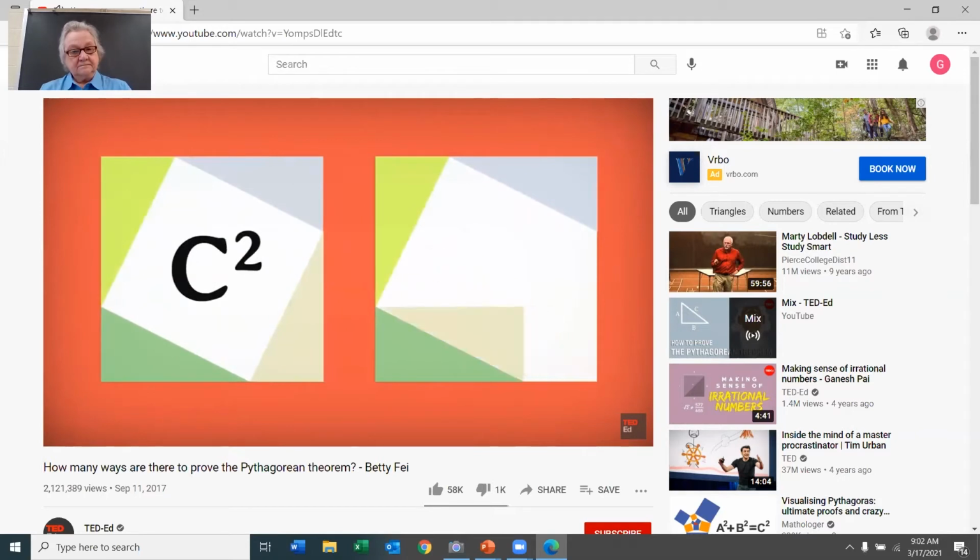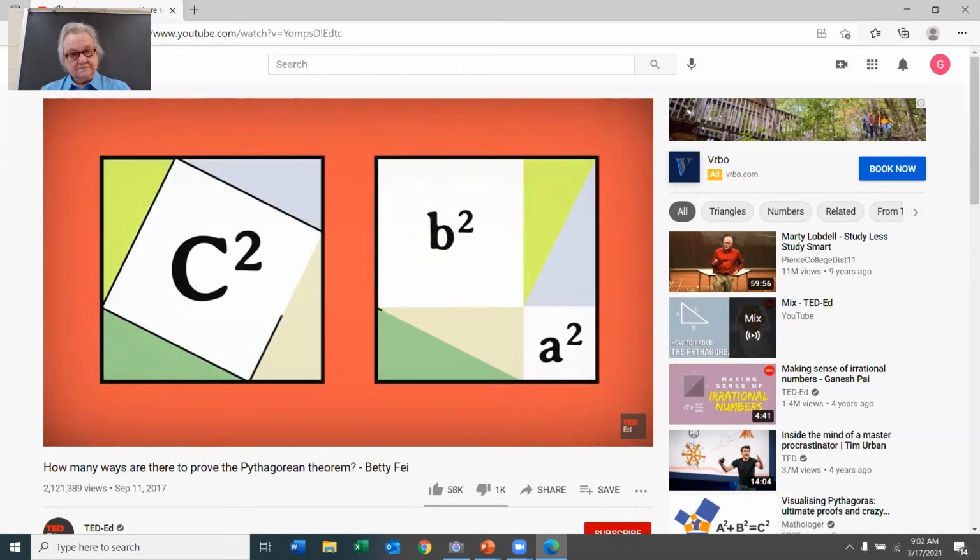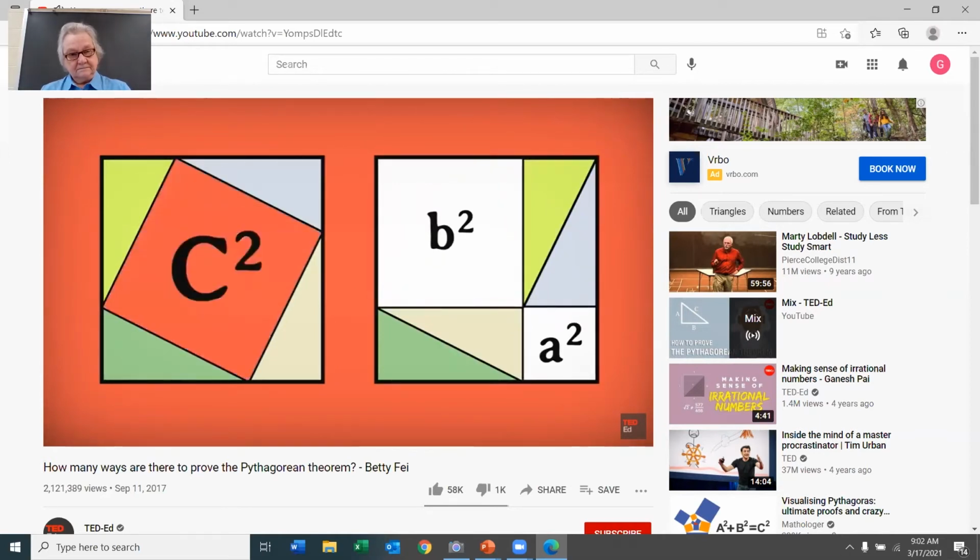Now rearrange the triangles into 2 rectangles, leaving smaller squares on either side. The areas of those squares are A squared and B squared. Here's the key. The total area of the figure didn't change, and the areas of the triangles didn't change. So the empty space in one, C squared, must be equal to the empty space in the other, A squared plus B squared.